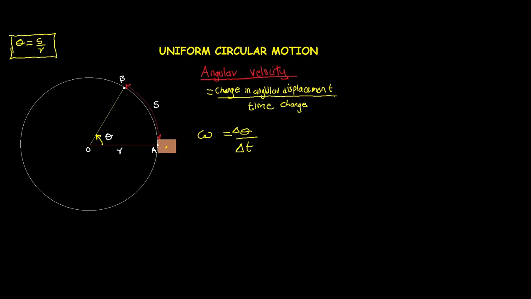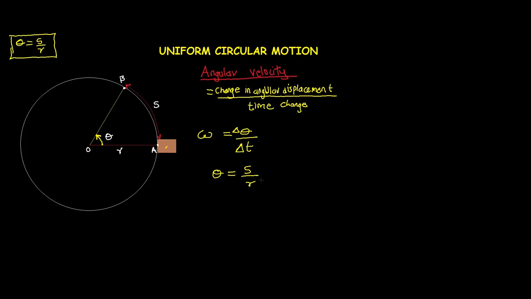Now previously, we had said that the angular displacement is given by S divided by r, right? So let us rewrite that equation, whereby we say the angular displacement is given by the displacement itself divided by r. Here we're looking at the change in angular displacement, so each of these is divided by the time, because we are looking at the angular velocity, and it is the change in angular displacement against time.